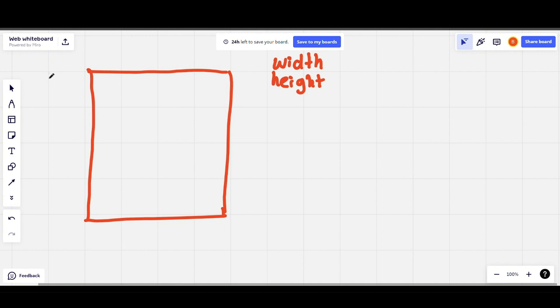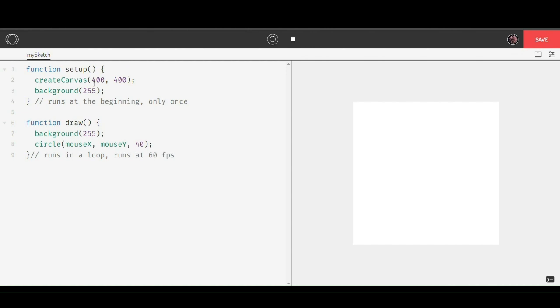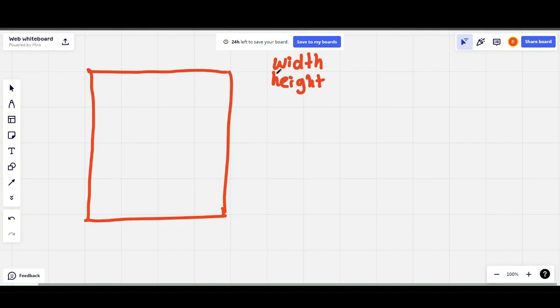So in this example, if I created a canvas 400 by 400, both my width and height would be 400 and 400.